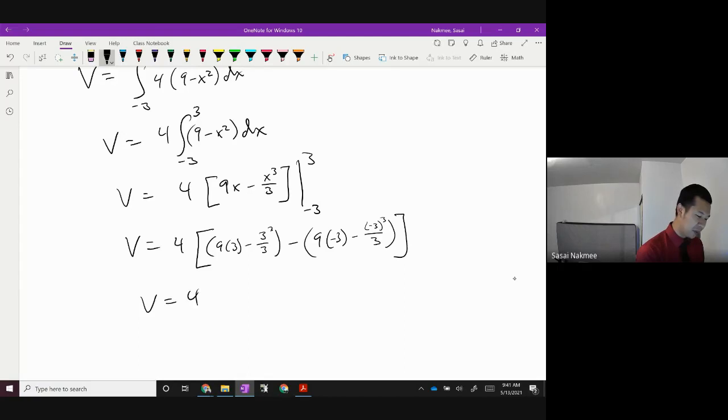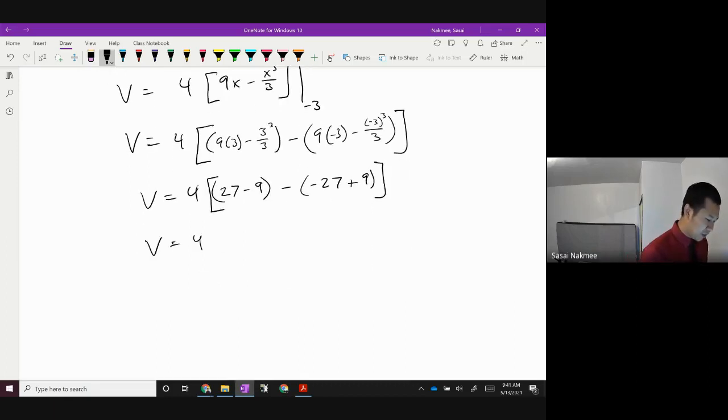So volume is going to equal 4 times, let's do this real quick. 9 times 3 is 27 minus 3 cubed, which is 27, divided by 3 is going to be 9. Then minus -27, this will become a plus 9, I believe, right? If I look at that correctly. -27 divided by 3 is going to be -9. Minus -9 becomes a positive 9.